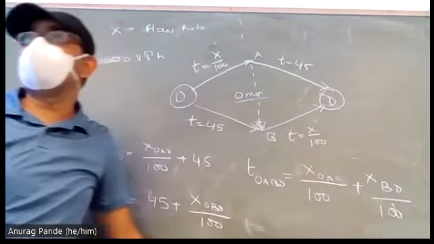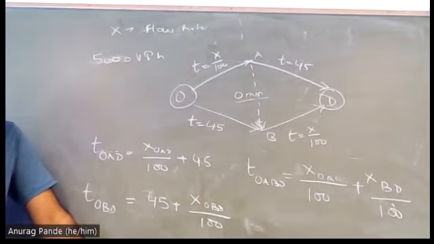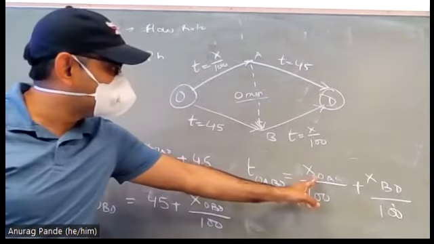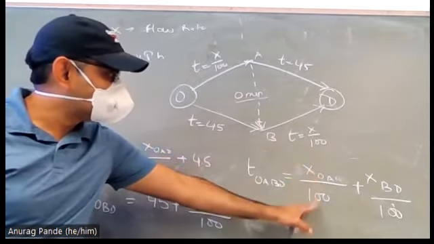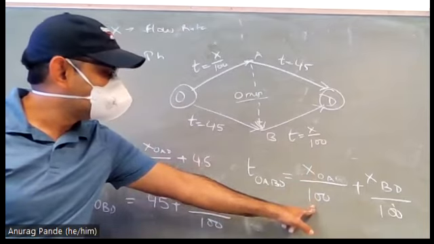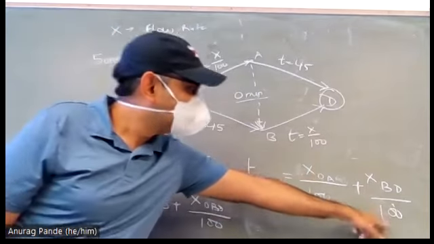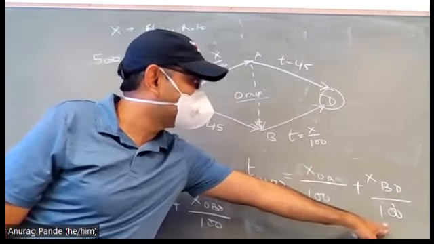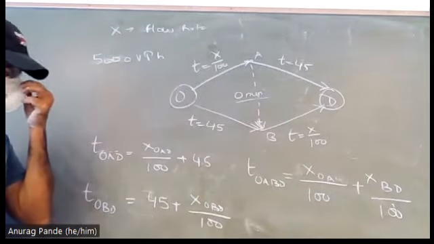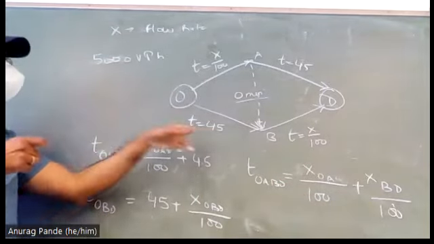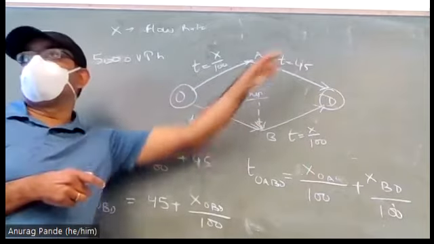Do all routes become competitive at 5,000 flow? So 5,000 divided by 100, which is what? 50 plus 50, that's 100 minutes of travel time, right? So at that point, it looks like these routes should be competitive.